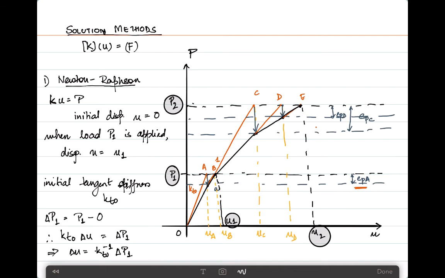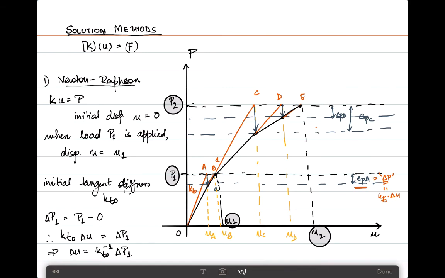So that is of course going to give you the difference in the stiffness with the displacement. That makes clear sense to you, I hope, because EPA is nothing but also a change in the load. And if I multiply that with the inverse of the, that would be equal to the tangent stiffness times the change in displacement, according to the definition of tangent stiffness.